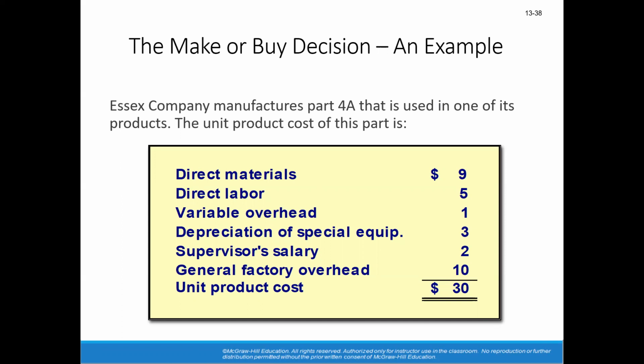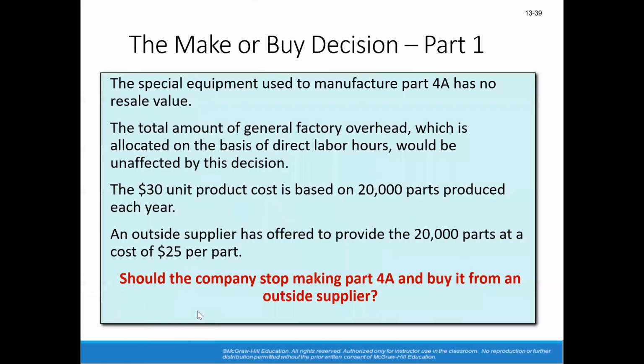So the unit product cost we see here is at 30 bucks per item. The special equipment used to manufacture part 4A has no resale value. The total amount of general factory overhead, which is allocated on the basis of direct labor hours, would not be affected by this decision. It's irrelevant.